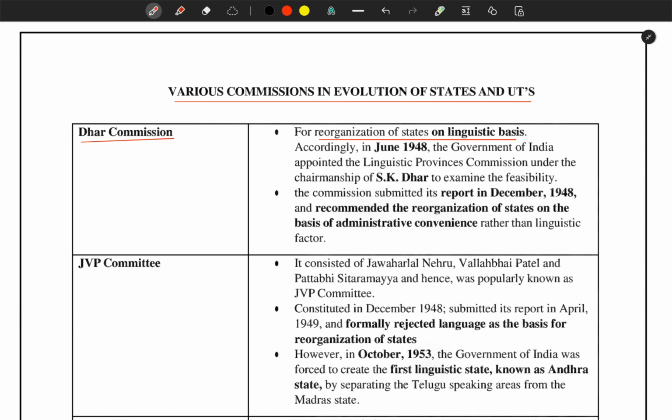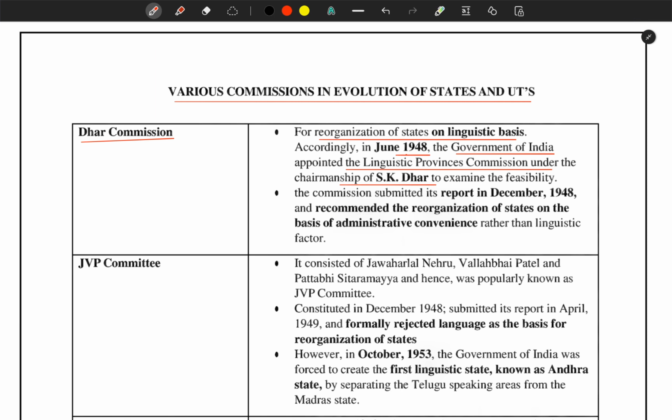So in June 1948, the government of India appointed the Linguistic Provinces Commission under the chairmanship of S.K. Dhar, to examine whether it is feasible or not to reorganize the states on the basis of language.